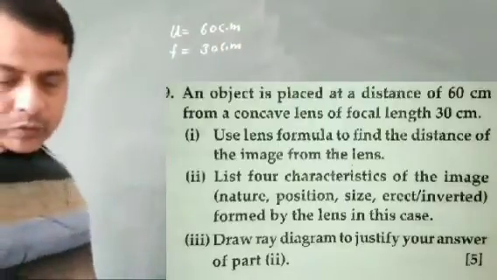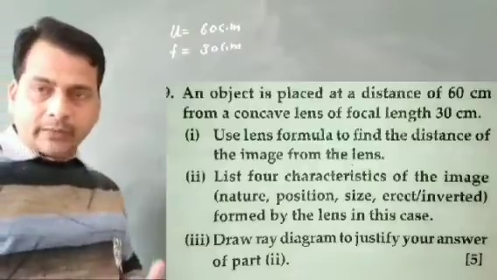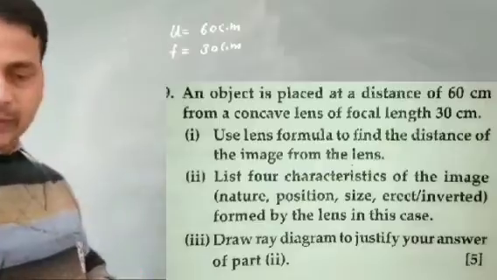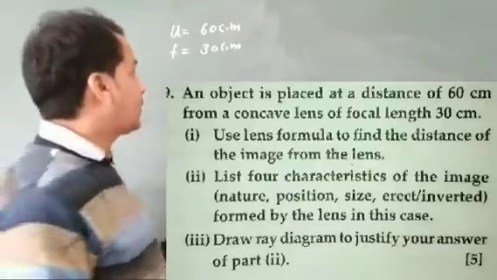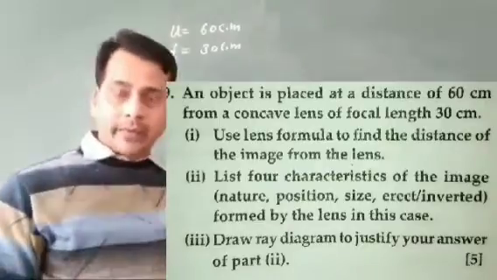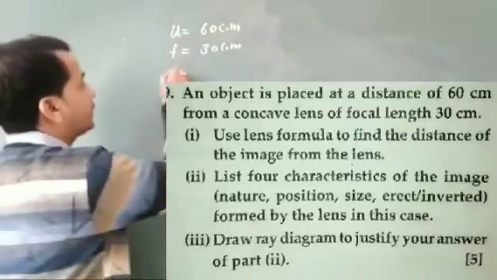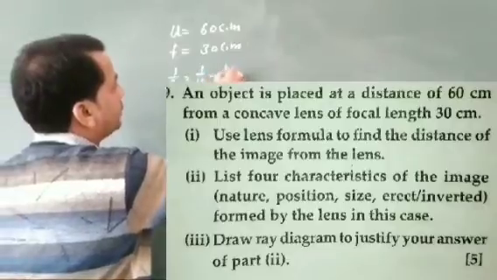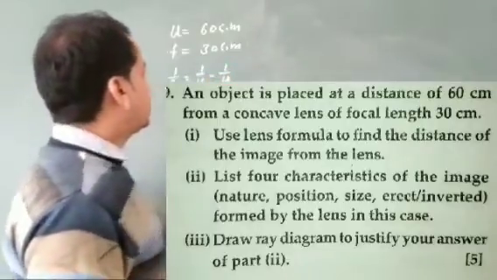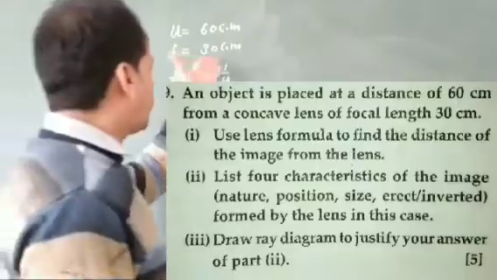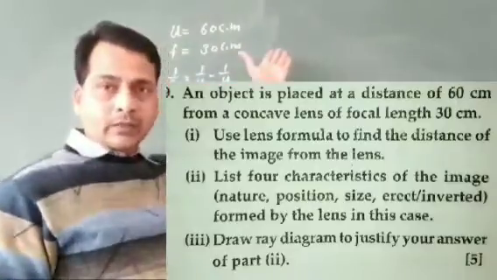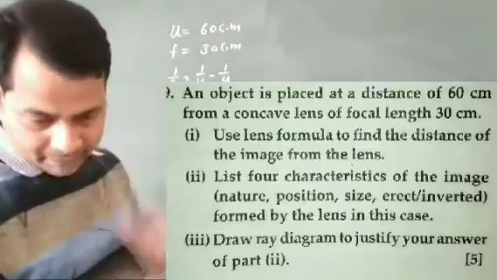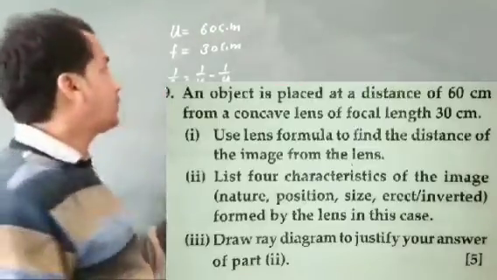The first question: use the lens formula to find the distance of the image from the lens. Apply the lens formula: 1/f = 1/v - 1/u. The object distance and focal length are given, and the lens is concave.